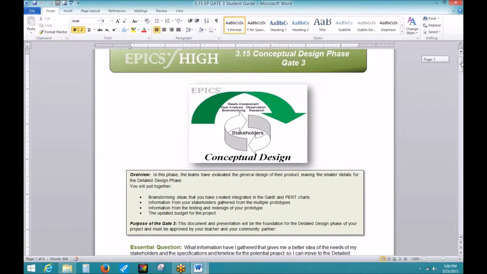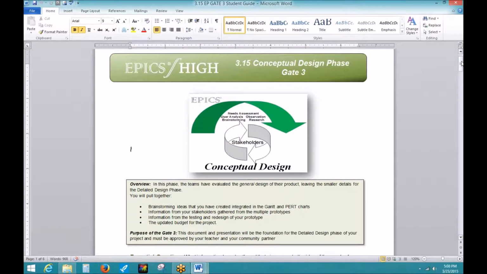So conceptual design, I'm going to ask you guys to talk a little bit more so I'm not talking all the time. So if you want to just chime in. Today we're going to be talking about the conceptual design, detailed design, how we're getting ready for delivery with the EPICS design process, and then also last, probably 25 minutes or so, we'll talk a little bit more about trying to implement it or expanding in your school.